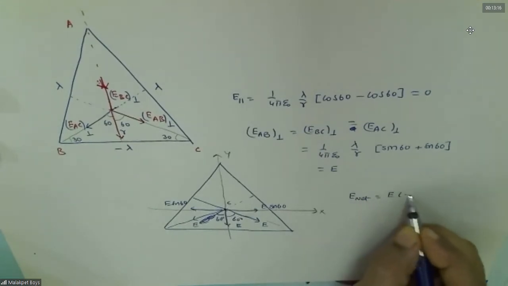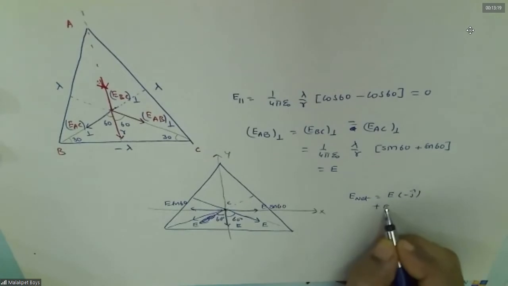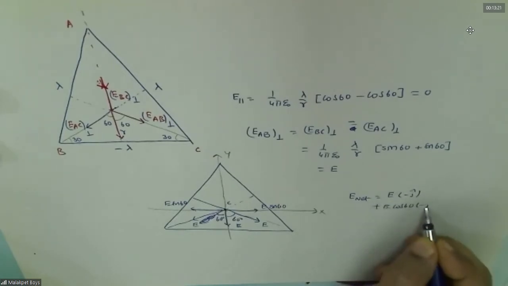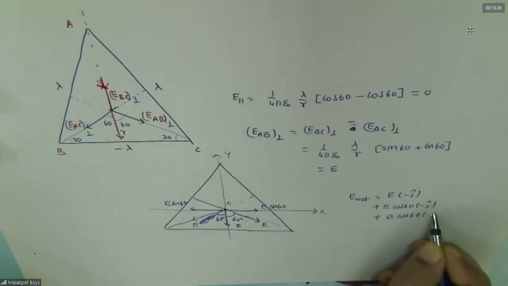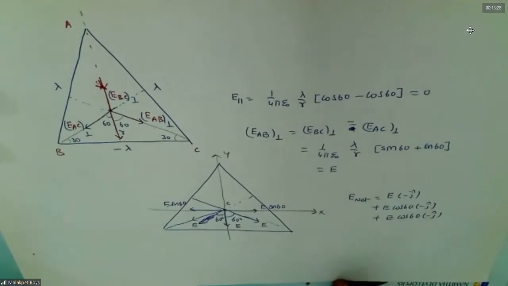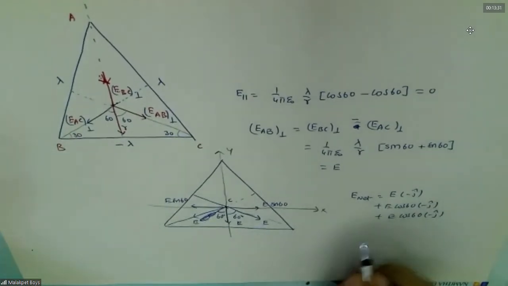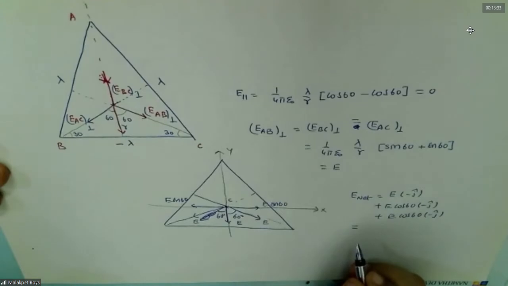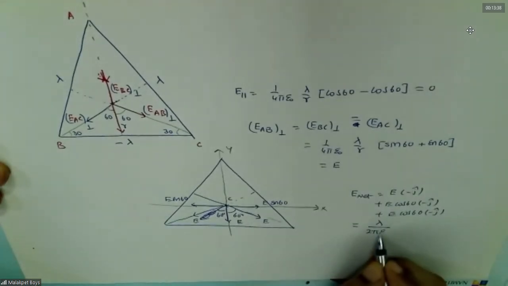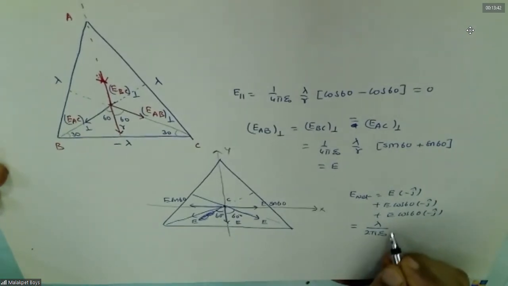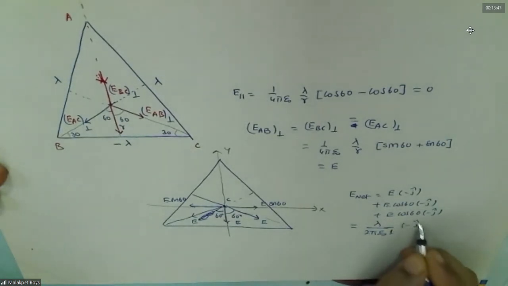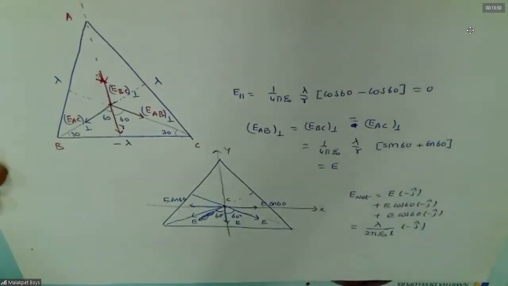E in the downward direction plus E cos 60 plus E cos 60. Do you agree with this? Yes, sir. These two components will get cancelled now. If you sum up, you will get this. Substitute this value. E is nothing but, what is R?